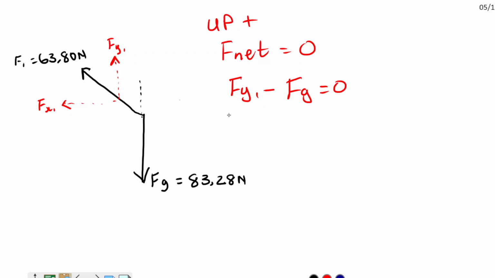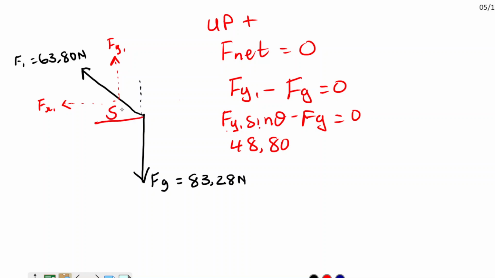Your Fy1, we calculated it to be 48.80. You can verify on your calculator: 63.80 sine of 50 degrees. Then the weight, we calculated it to be 83.28.